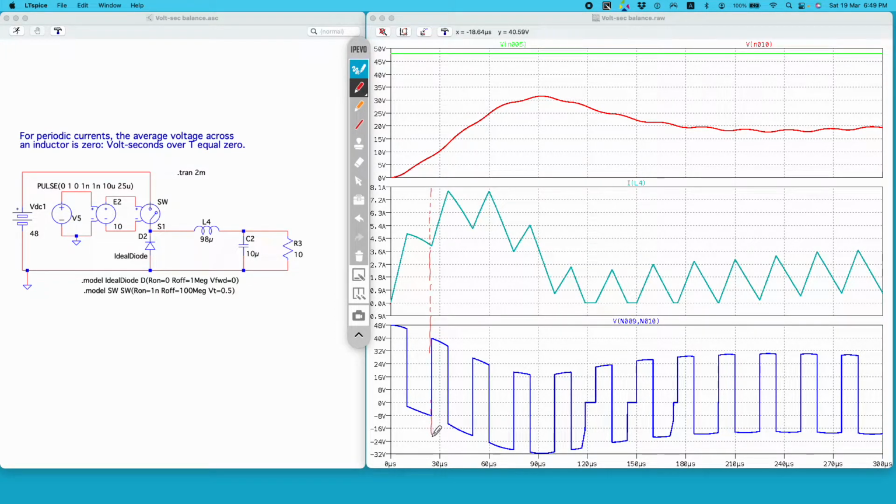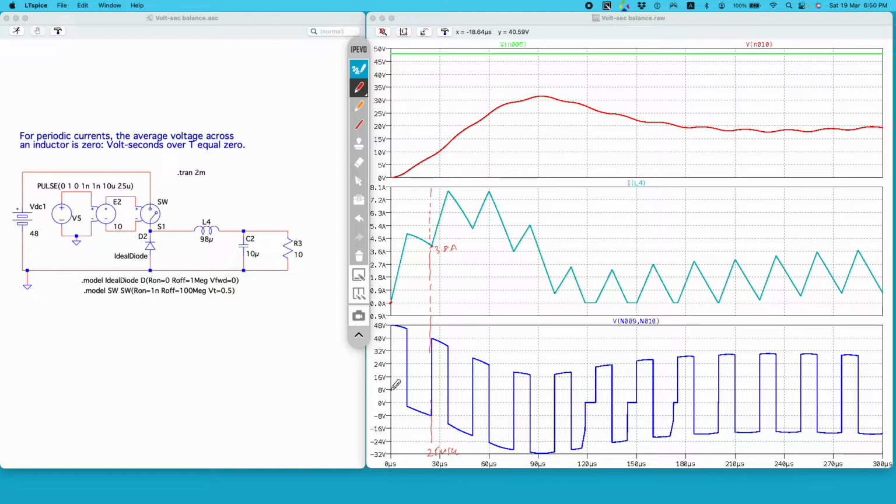In this switching interval we can see that current is not periodic in nature. During the start of the interval current is 0 amp, but at the end of the interval current is around 3.8 amps.